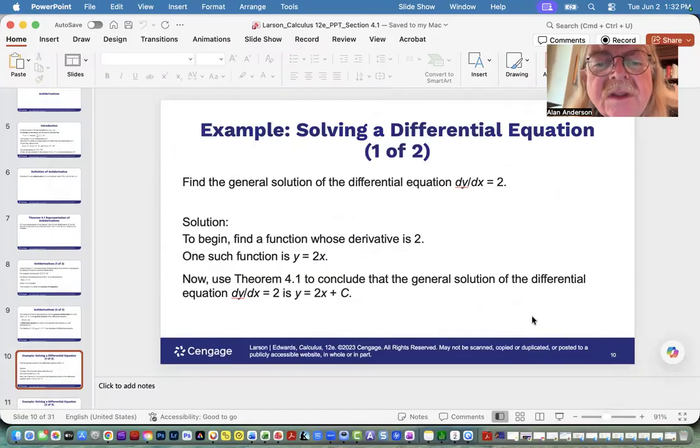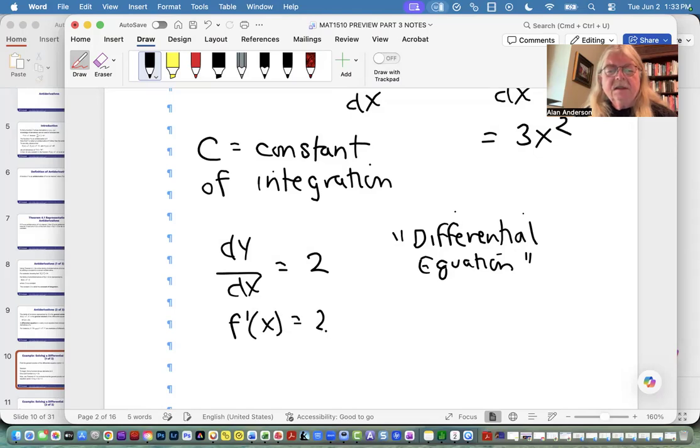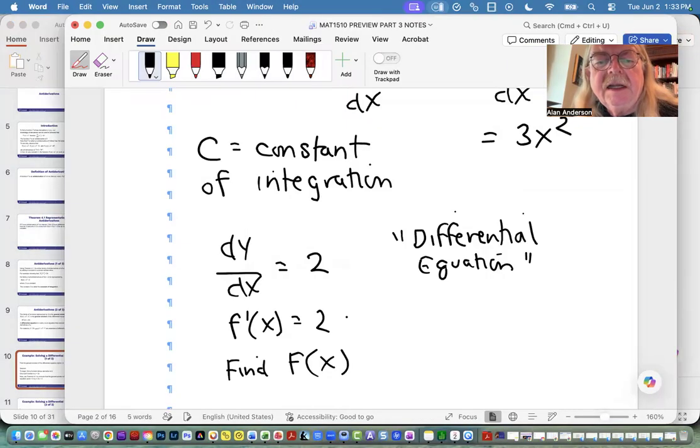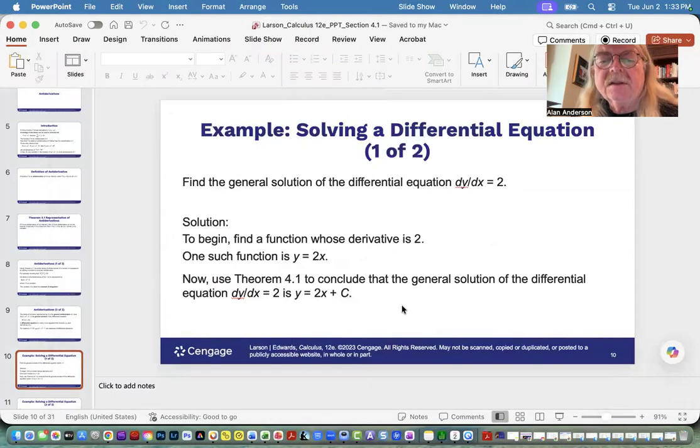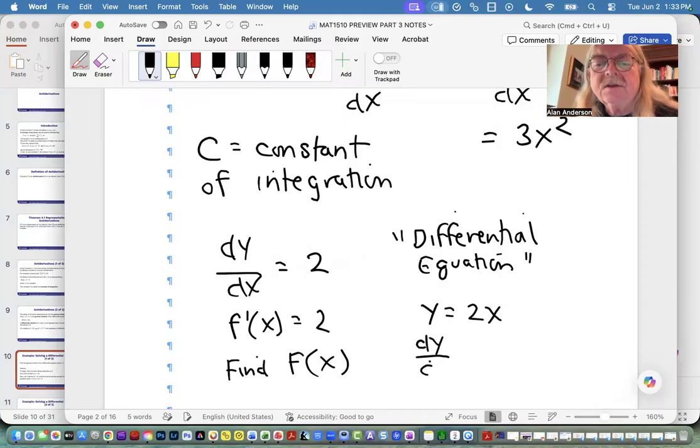But anyway, so what they want you to do is, keep in mind, this is the same thing as f prime of x. So what we're trying to do is find f of x. Now, they're not going to tell us how to actually do this, but they are going to tell us that 2x works. So in other words, if y equals 2x, dy dx equals 2.